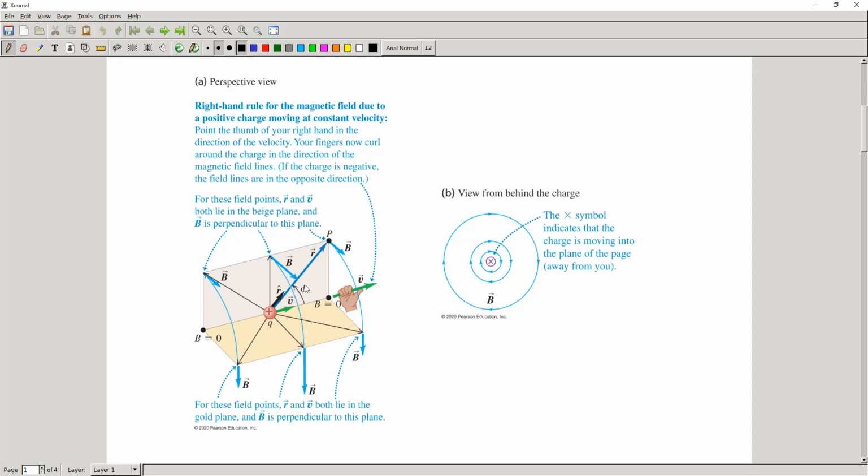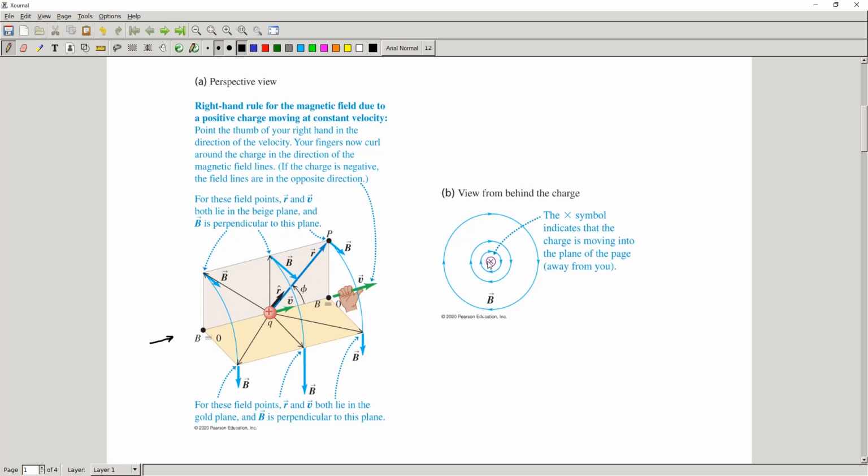So at the point P, if we think about the right hand that's drawn on here, the fingers curl in the direction of B. Let's say we were interested in some point over here. Then the fingers on our right hand still curl downward here, so you can see it curling in this direction. If we were to look at the particle going away from us, if we were to stand here and look at this thing, we would end up with this picture here.